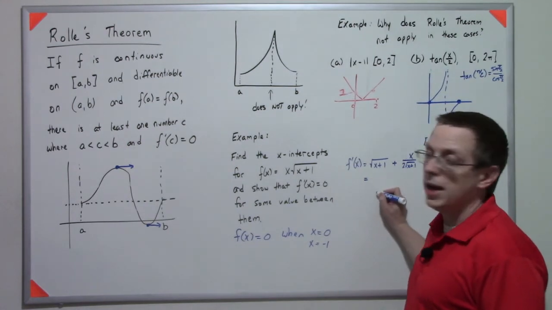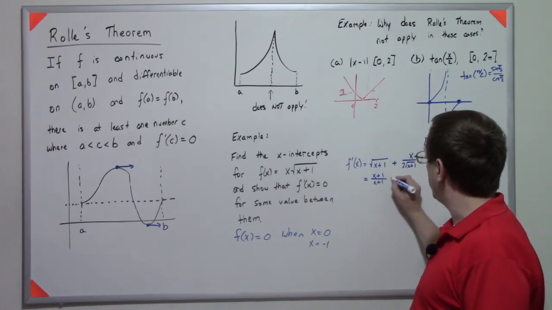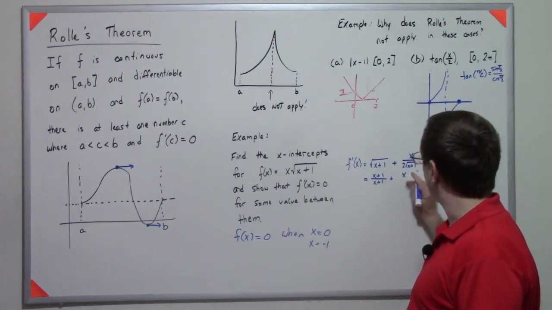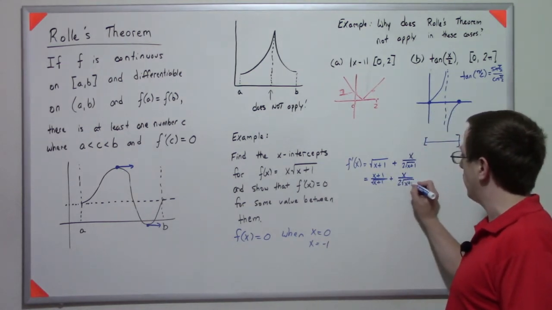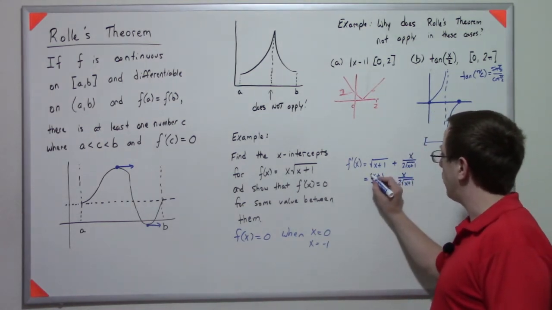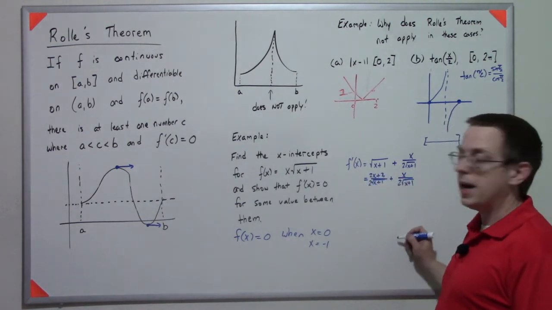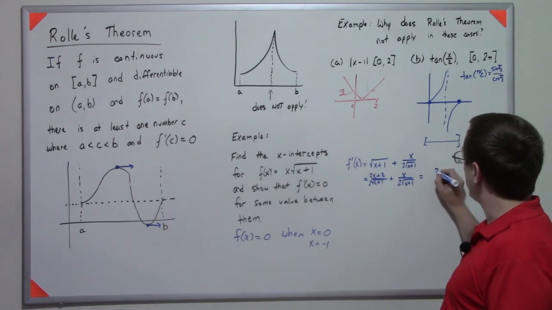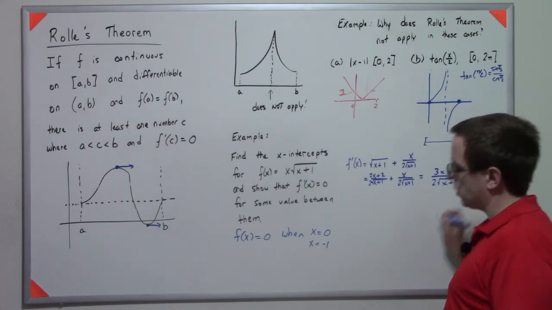If we get a common denominator, that's going to become the square root of x plus 1 over 1 plus x over 2 square root of x plus 1. So if I do a 2, I get that, which gives me 3x plus 2 over 2 square root of x plus 1.